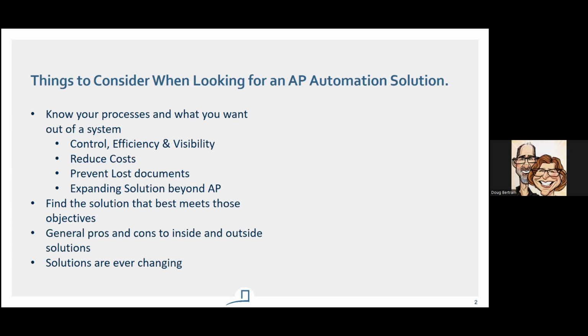Today, I'm going to give some general pros and cons about the inside-outside question, but solutions are ever changing. So not all solutions, whether inside or outside the ERP, will have all the pros or all the cons that I'm going to present today, but just in general terms. I've been in this industry a long time, so I'm going to talk about those in general, and we'll go from there.